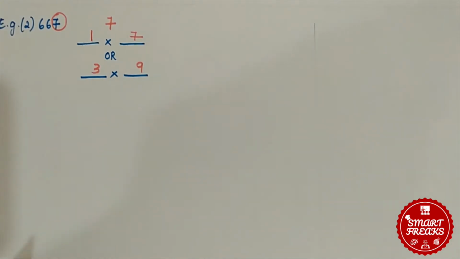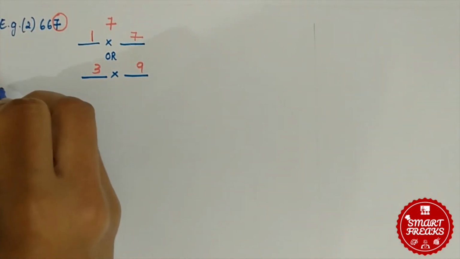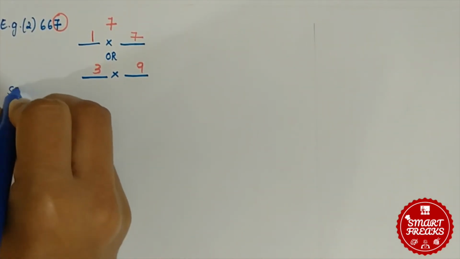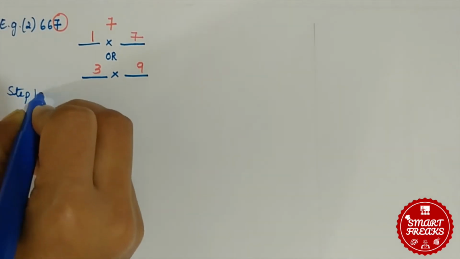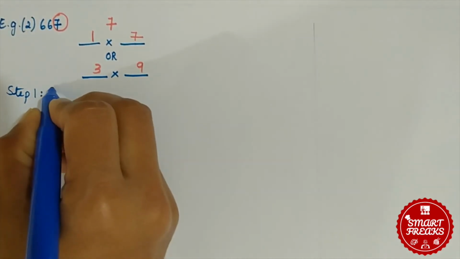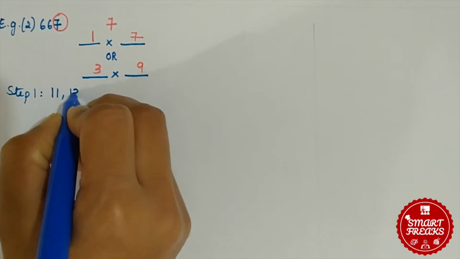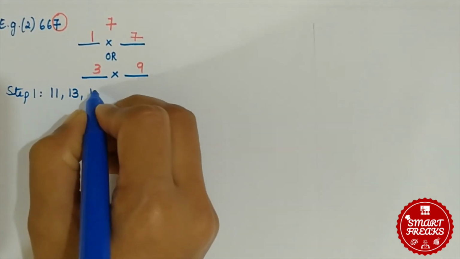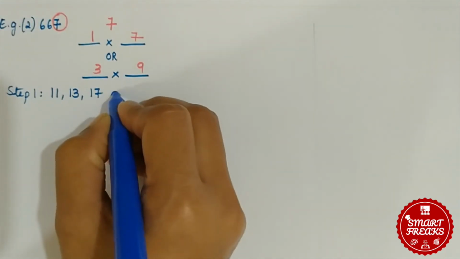Now, if we put 1 before all these digits, so that is our step 1, we get 11, 13, 17 and 19.